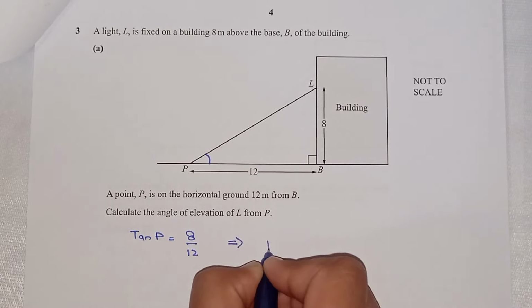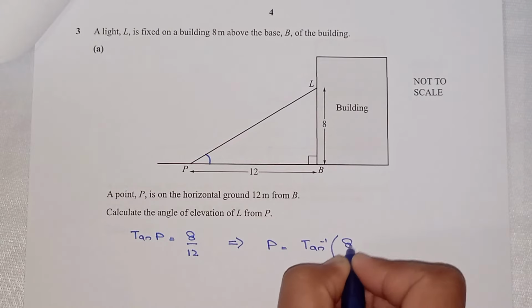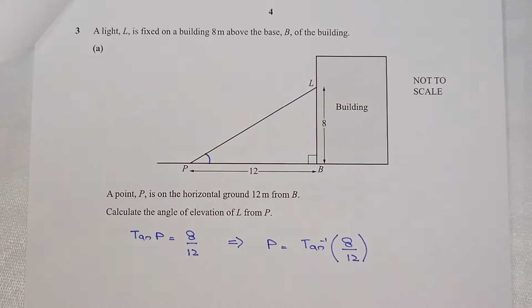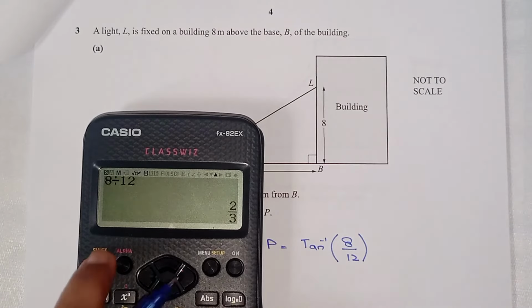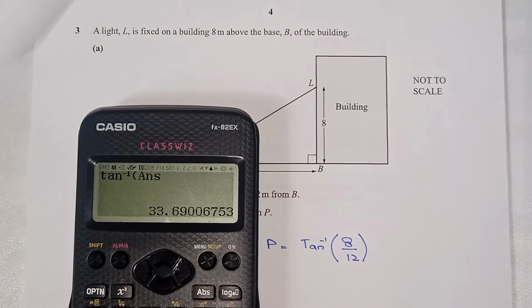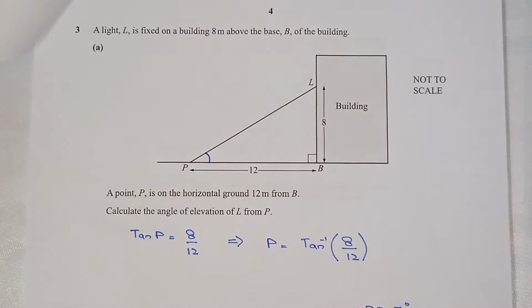So from here, P would be equal to tan inverse of 8 over 12. So let's do it. 8 by 12 and then do a tan inverse. It would be 33.69, or we can say that 33.7 degrees is the angle P.